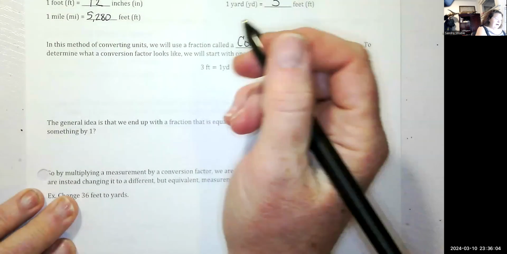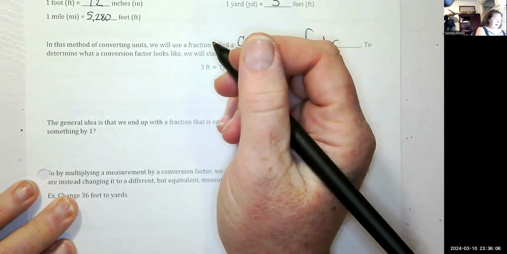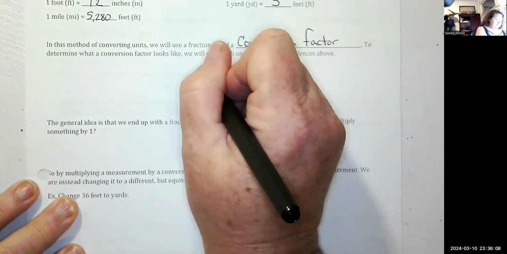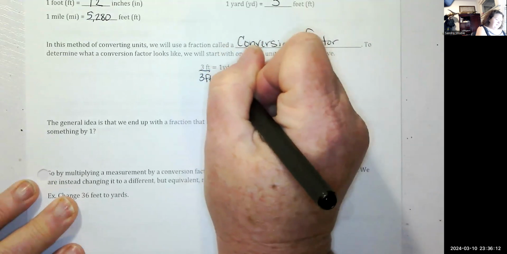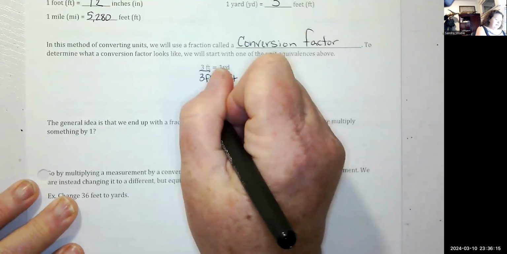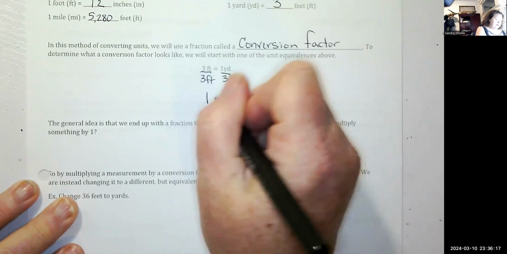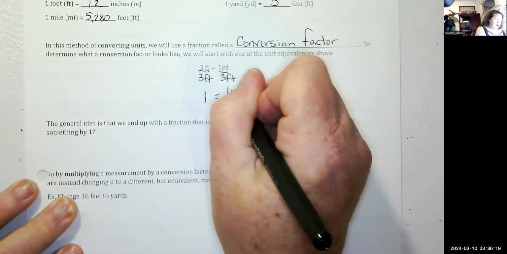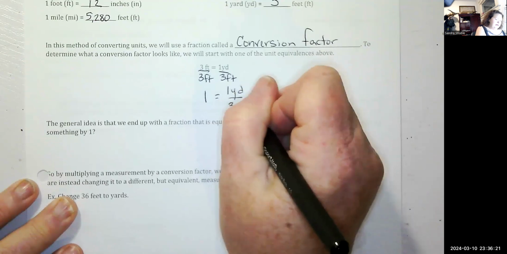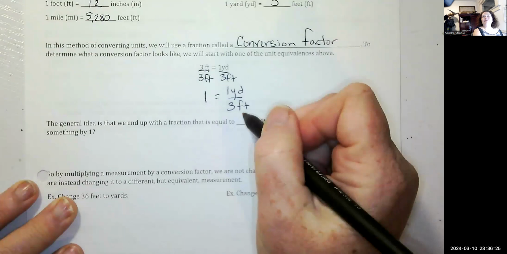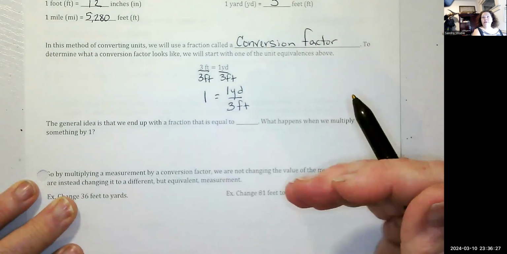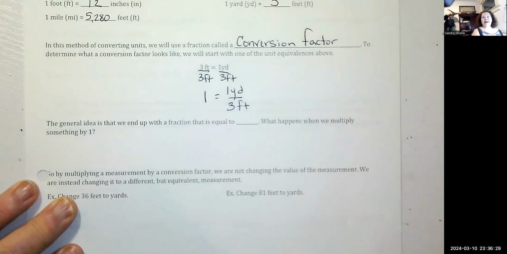I can say that if I divide both sides by 3 feet, this would be equal to 1, because it would reduce, is equal to 1 yard divided by 3 feet. That means 1 yard divided by 3 feet is equal to 1. They mean the same exact thing.